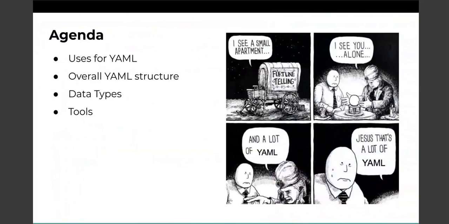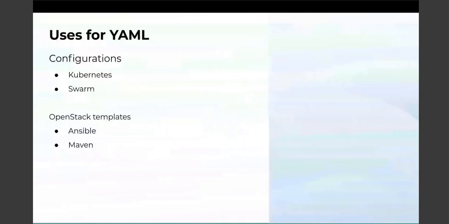We are going to cover that as we go through. So we'll talk about the different uses. We'll talk about the overall structure. There are actually data types, even though this is all text. And then we will look at some of the tools that are available for you. All right. So let's look at the different uses for YAML.